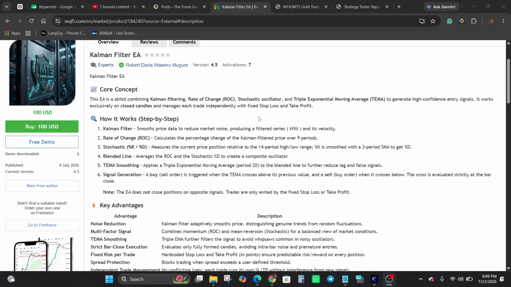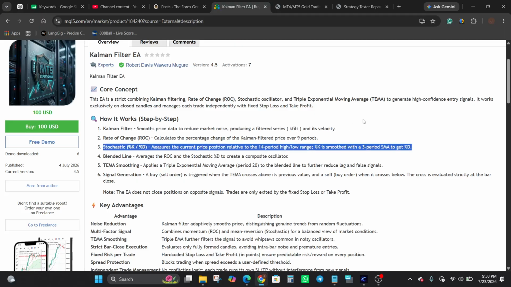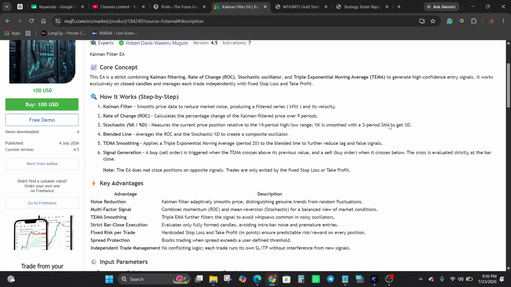It blends a Kalman filter to smooth out market price noise, a 9-period rate of change for momentum, and a 14-period stochastic oscillator smoothed with a 3-period SMA. Those elements are combined into a blended line and then smoothed through a 20-period triple exponential moving average, or TEMA.